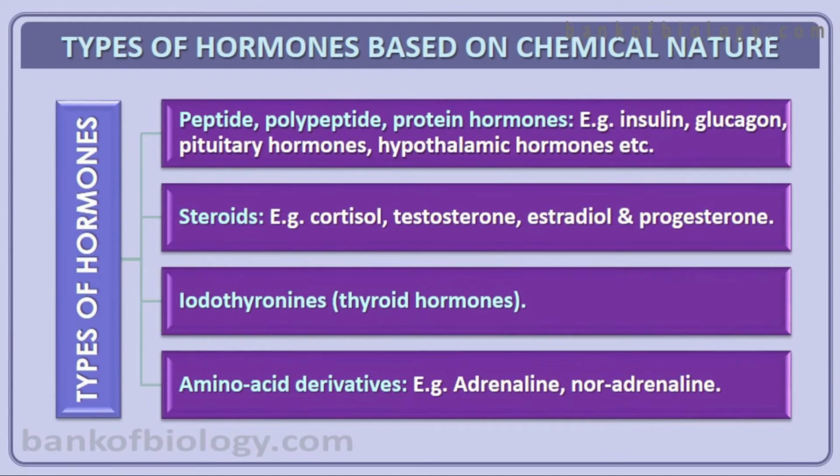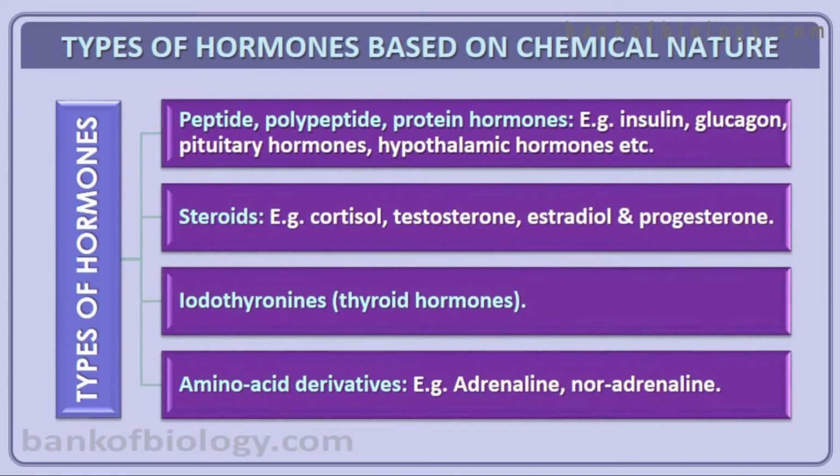Types of hormones based on chemical nature. What types of hormones are secreted in our body? Listen, first one: peptide, polypeptide, protein hormones. Examples: insulin, glucagon, pituitary hormones. Hypothalamic hormones also come under peptide, polypeptide, protein hormones.